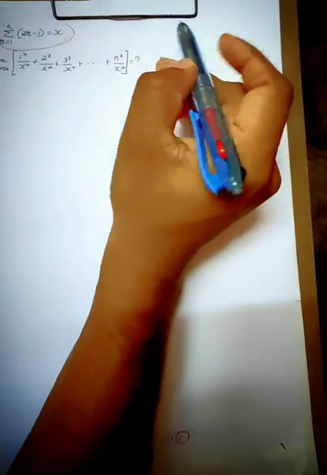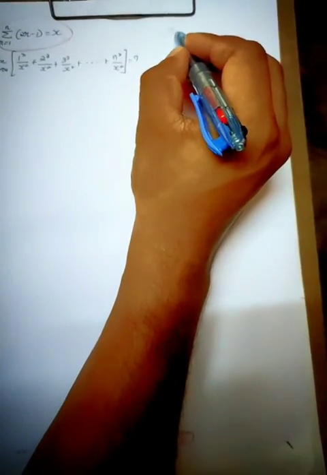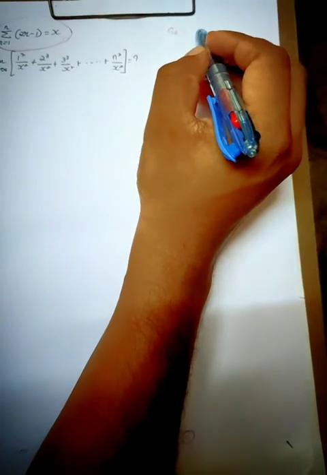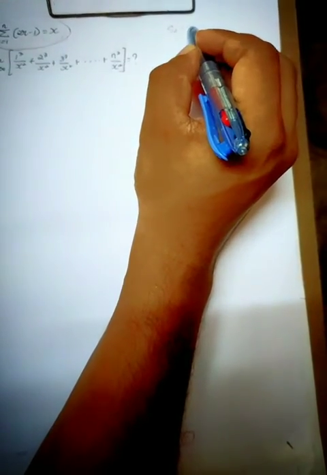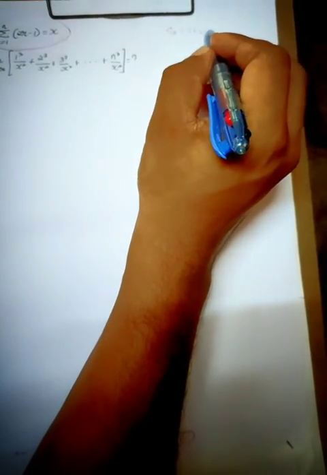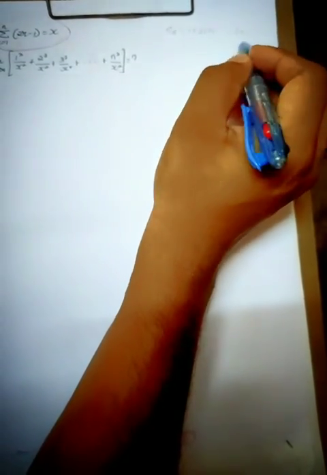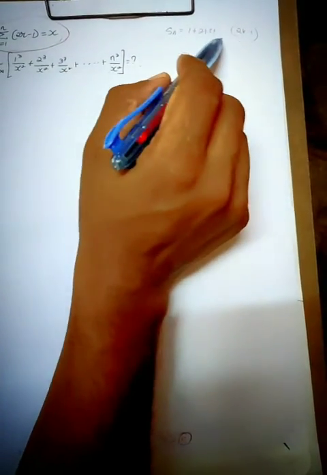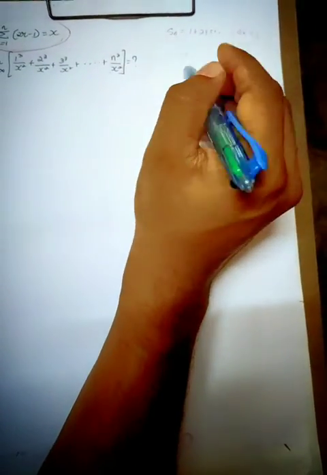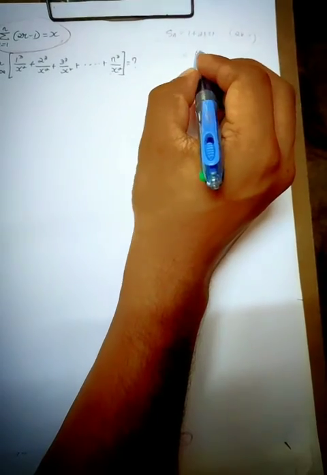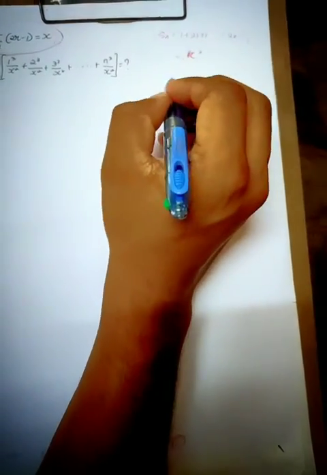I will tell you which formula that is. Sn is equal to, suppose it is 1 plus 2 plus 3 and so on, till 2k minus 1. Then the sum of these terms till 2k minus 1 is simply k square.